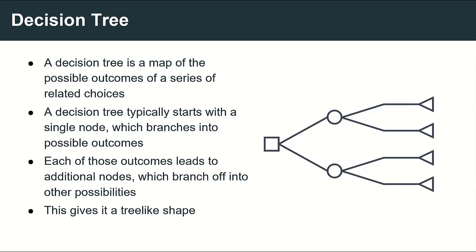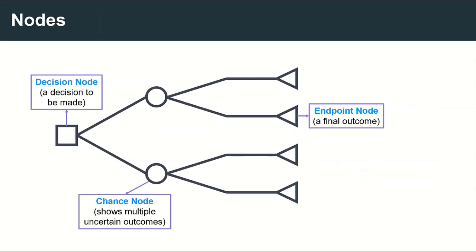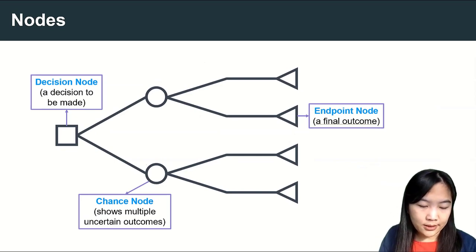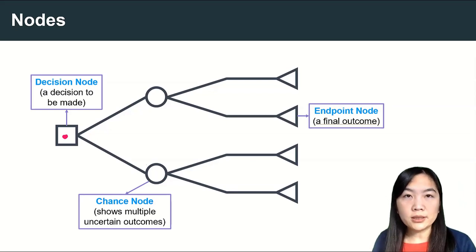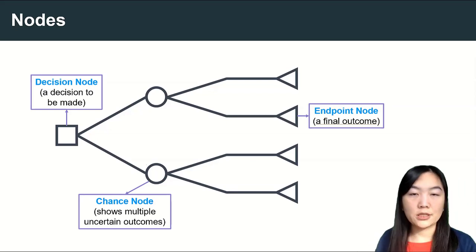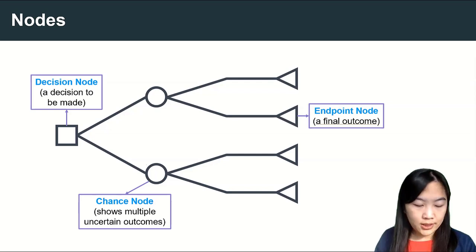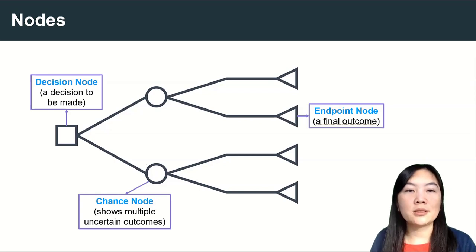And let me also explain to you the names of the nodes and the branches of this decision tree. So first is the decision node. This is a square here. So pay attention to the different shapes in this decision tree. Here it's a square. That means that's the decision node.